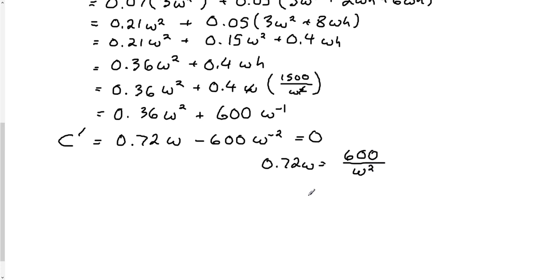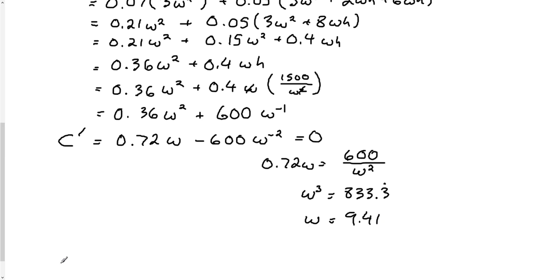Then we can cross multiply by the w squared to get w cubed, and divide the 600 by 0.72, and we will get 833.3, and that's just repeated. So we'll take the cube root to solve for w here. So the cube root of that is going to give us 9.41. So the width of our box is going to be 9.41 centimeters.